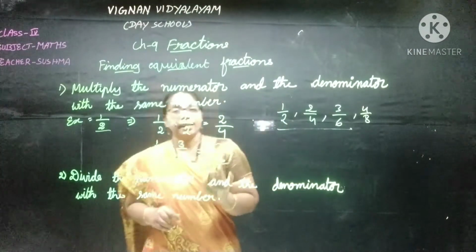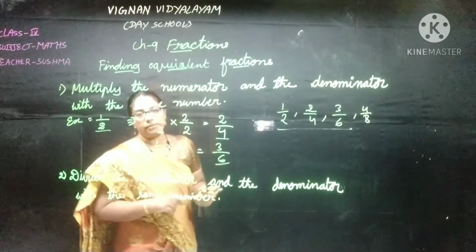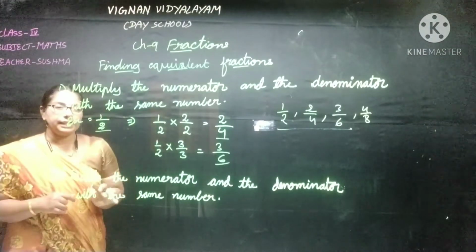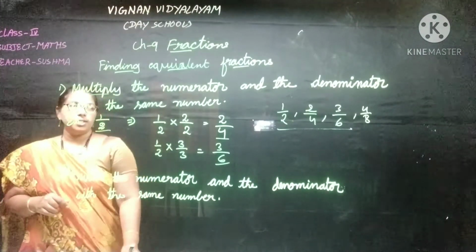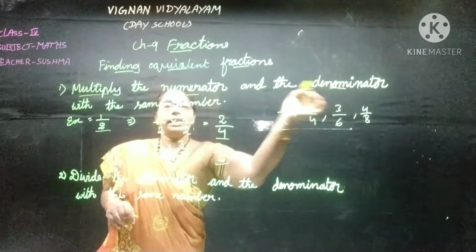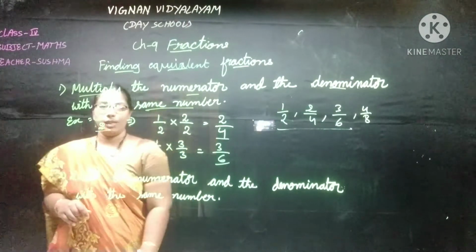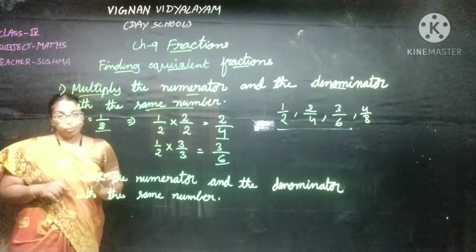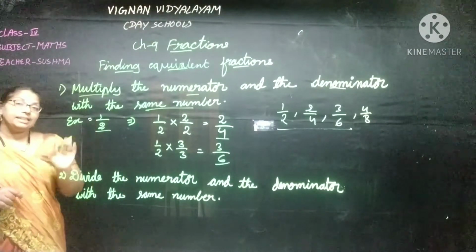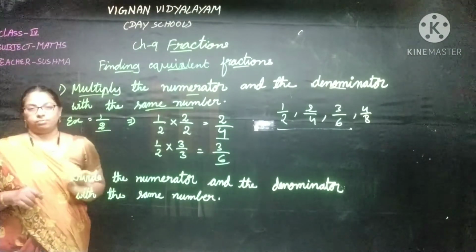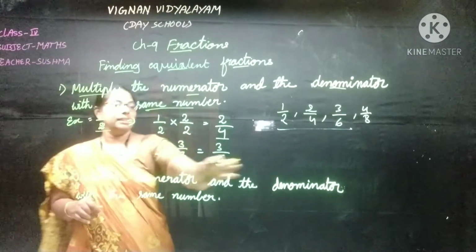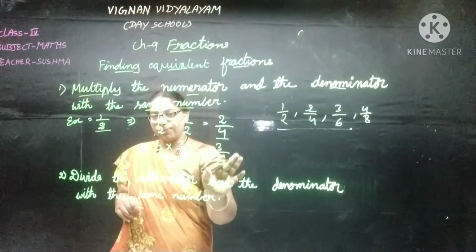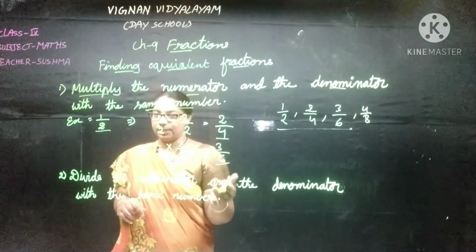Means the first way to find the equivalent fractions is to multiply the numerator and the denominator with the same number, and one more thing, children, it should not be 0. Okay, children? So this is how we find the equivalent fractions in the first method, right?